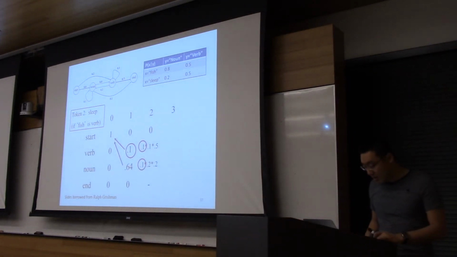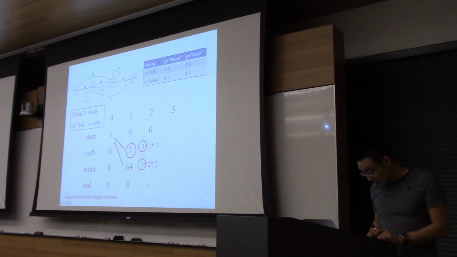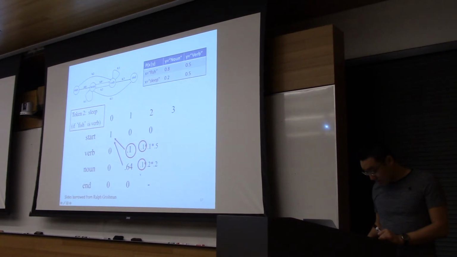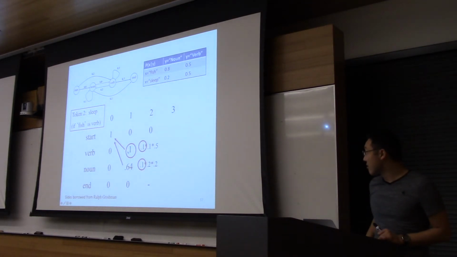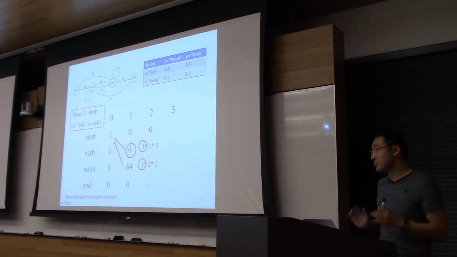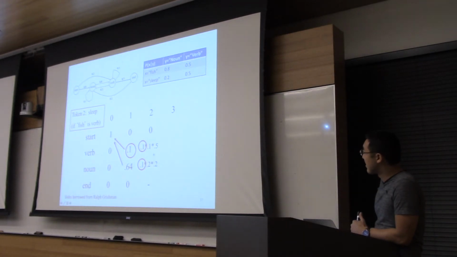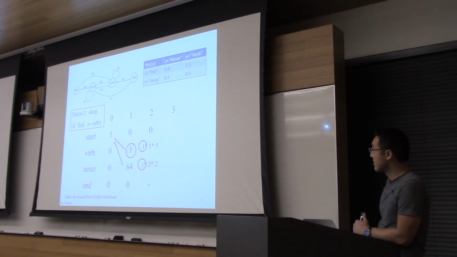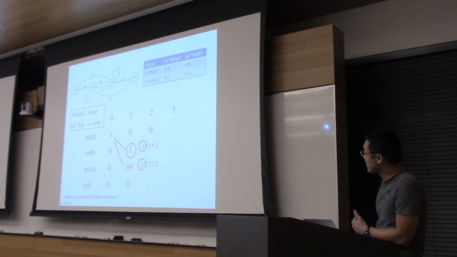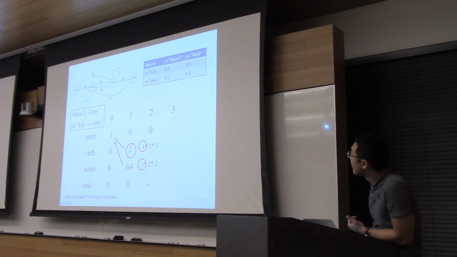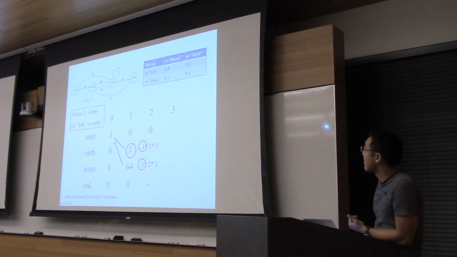Point 1 here refers to this number right here. This number was pre-computed. And then this number corresponds to the transition probability of verb to verb, and this number corresponds to this 0.5. So this point 1 is pre-computed. This point 2 corresponds to the probability of going from verb to noun, and then this point 2 is from this probability table.